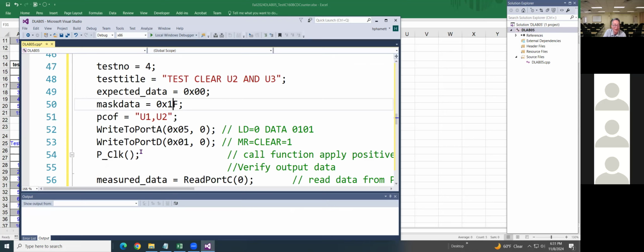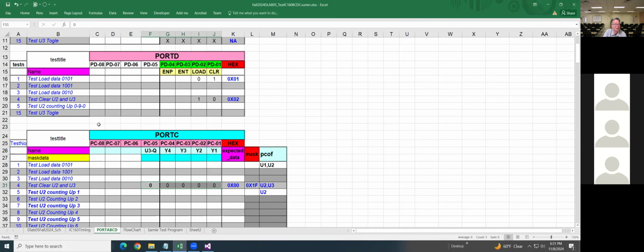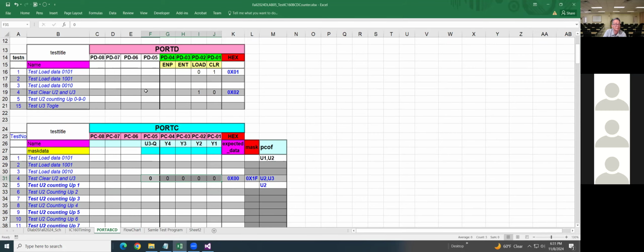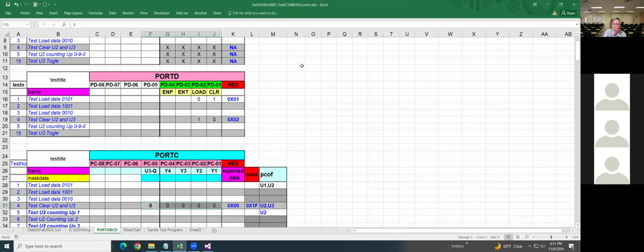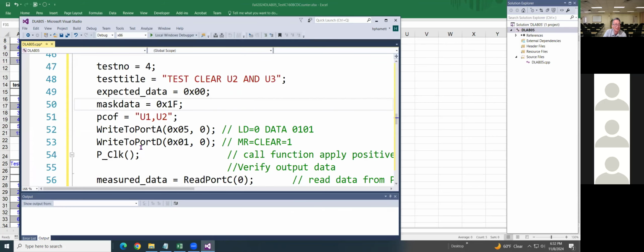Okay. So let's see. Port A. That's clear. You don't have to do anything. However, port D drive 0802. Okay. 0802.